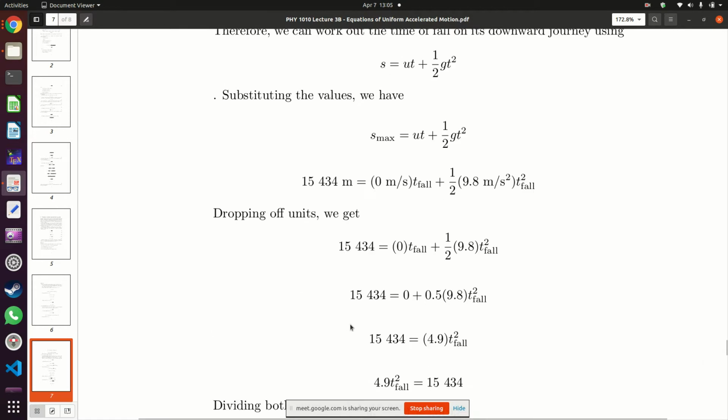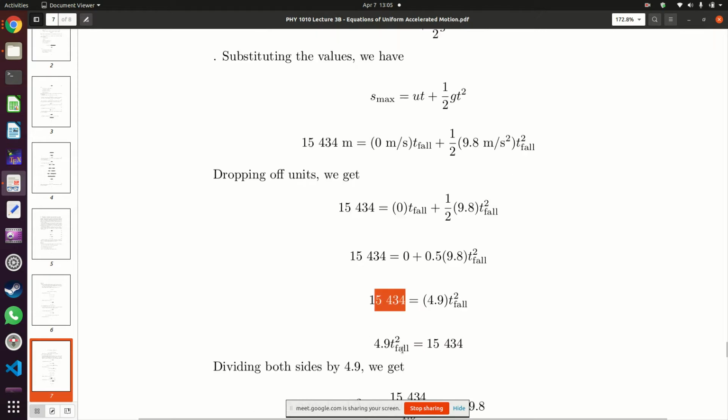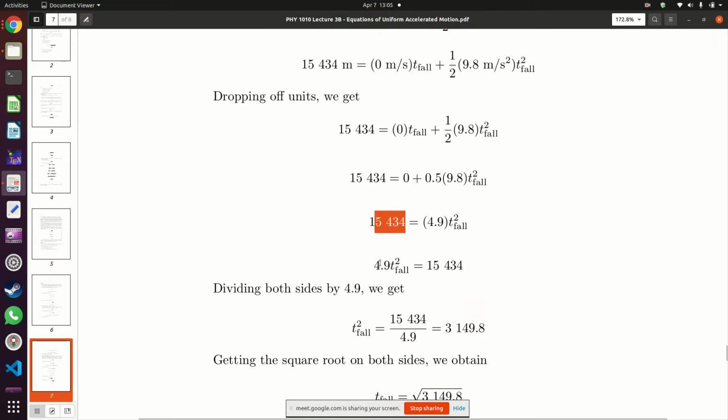When you drop off the units, we have 15,434 equals 0 multiplied by T fall, plus half of 9.8 T fall squared. This 0 times T fall gives you 0. Then half multiplied by 9.8, which is 0.5 times 9.8, you end up with 4.9. So 4.9 T fall squared equals 15,434.